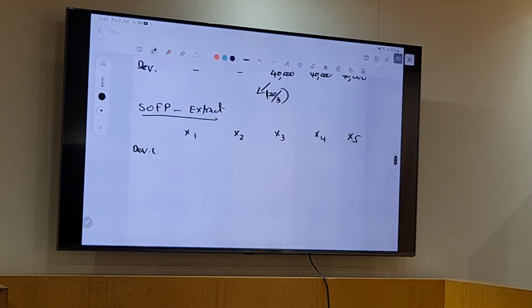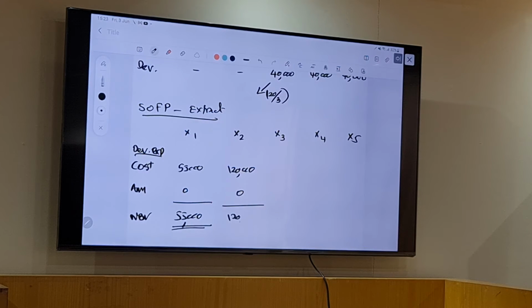So that is actually 120 divided by 3. So development expenditure: cost 55,000 in the first year, amortization 0, so net book value 55,000. Then 120,000 the total, no amortization, so 120,000. Then 120,000 is the cost, amortization 40,000, net book value 80. 120 is the cost.